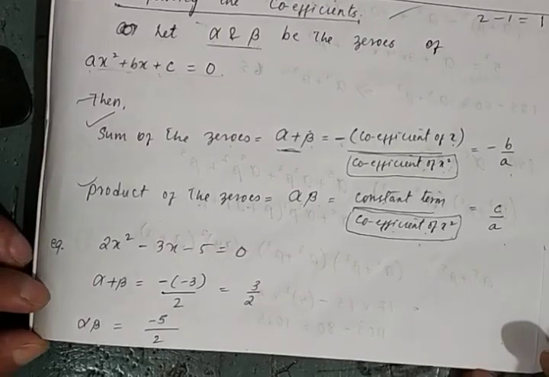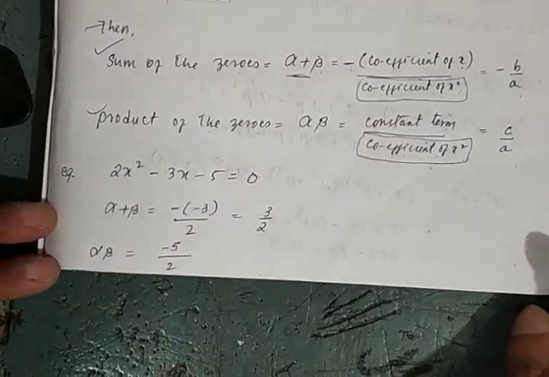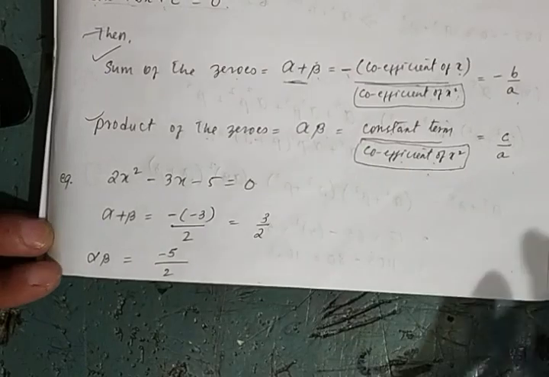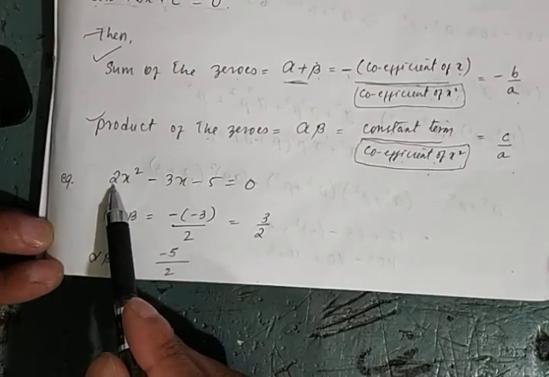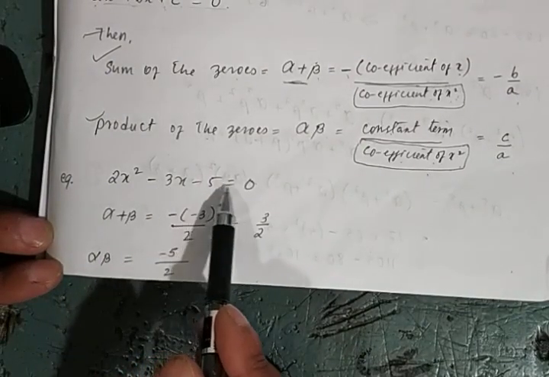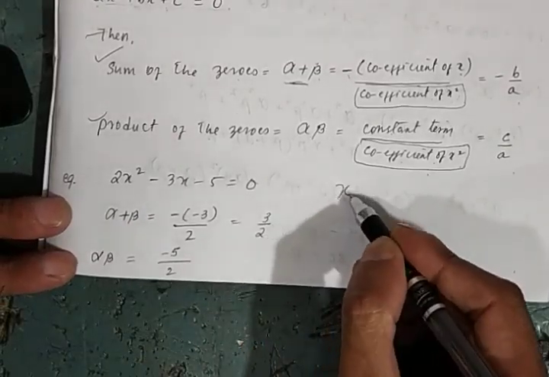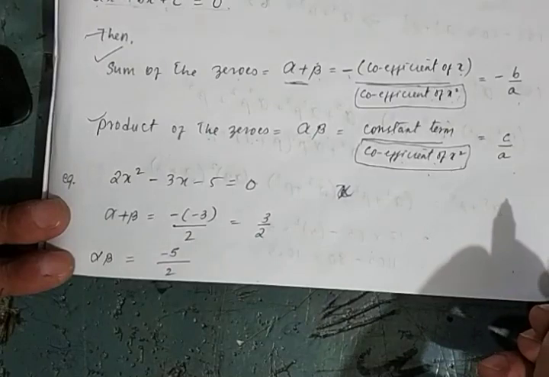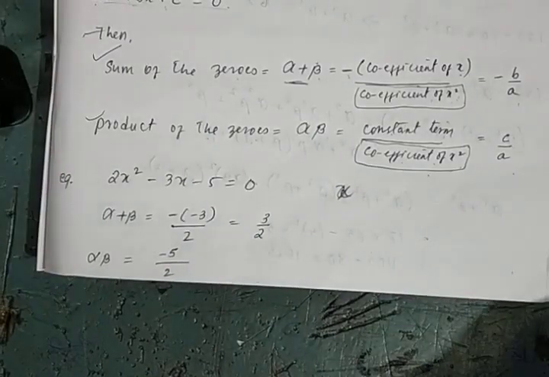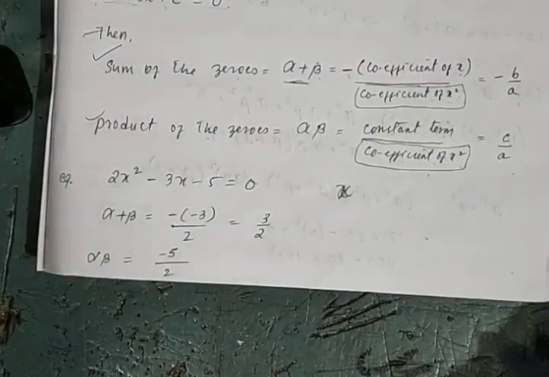So let me explain this using a simple example. Now check this question: 2x square minus 3x minus 5 equal to 0. This will not give you the zeros. This will not give you the value of x. But it will give you the sum of the zeros and product of the zeros. Means you don't have to calculate.